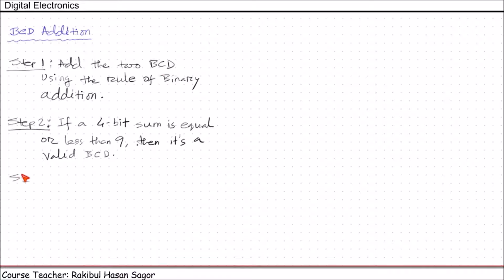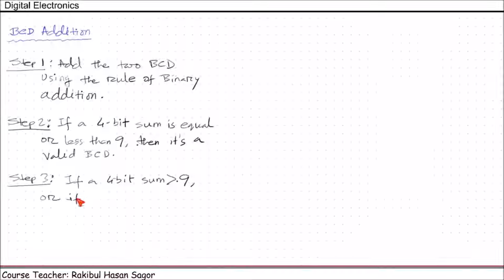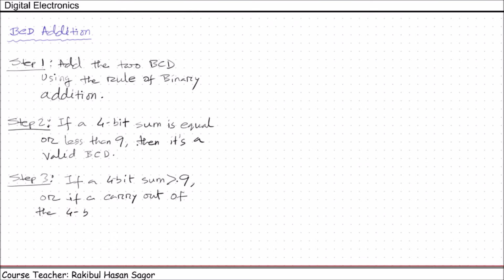Now next, step 3. If a 4-bit sum is greater than 9, or if a carry out of the 4-bit group is generated, then the result is invalid.